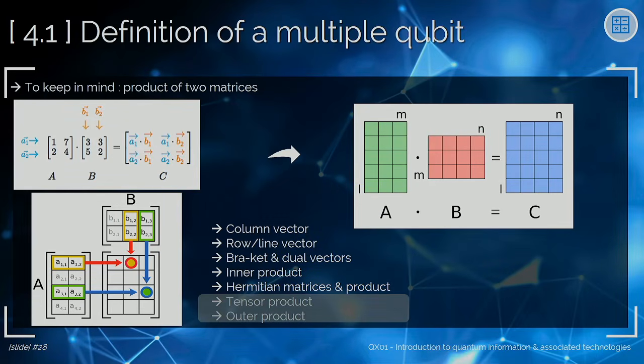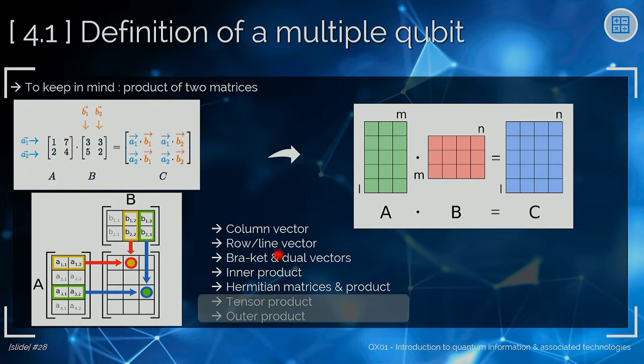Right. So let's take a step back. Definition of multiple qubits. First of all, we need to keep in mind the fact that we can multiply matrices, which we've seen already. We've seen the notion of column vector, that's the ket, and row vector, that's the bra.